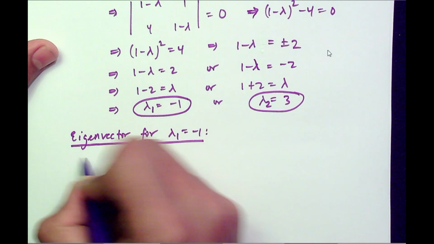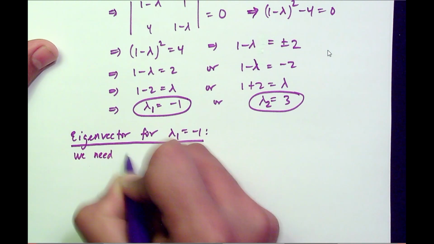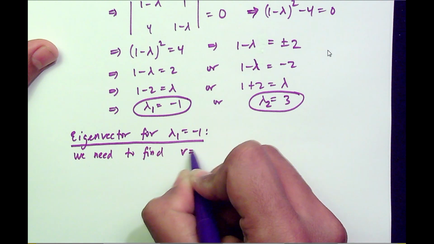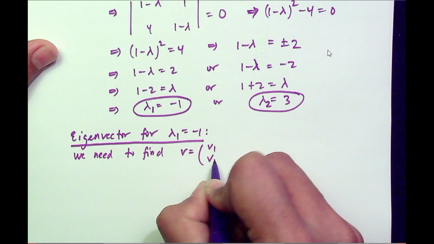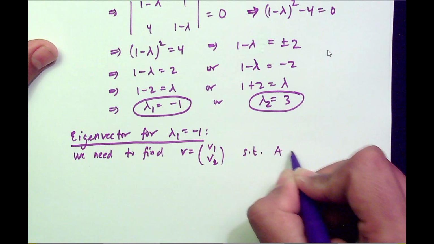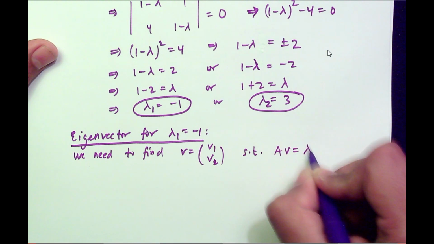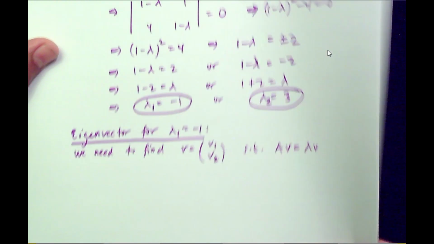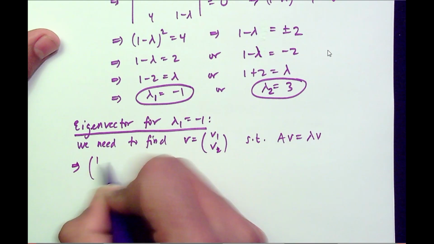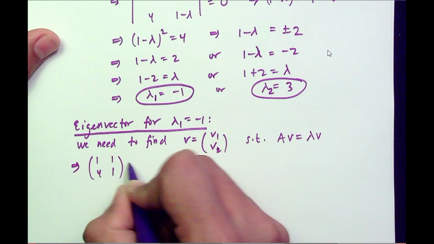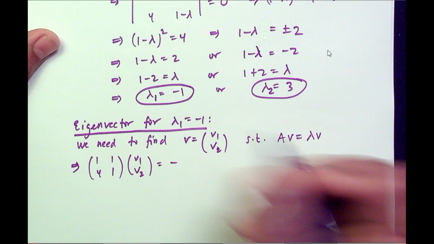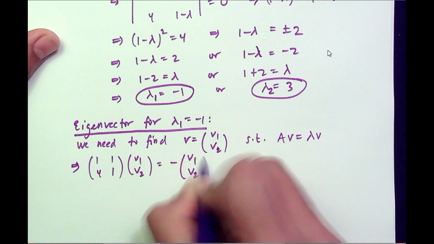Remember that means we need to find a vector v1, v2 such that A v equals lambda v. Okay, spelling out what that means, we know what A is, 1, 1, 4, 1, v is v1, v2, lambda in this case is negative 1, so negative v1, v2.